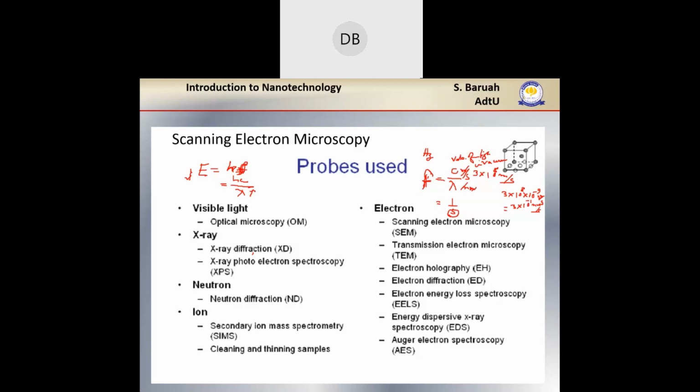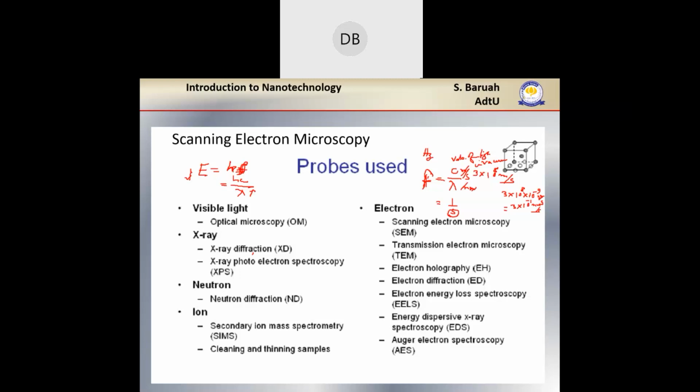So we now want to look at materials that are very small, maybe 10 nanometers or even 5 nanometers. To see that, we need a primary probe that has a wavelength comparable to about 5 nanometers. And what are those possible probes? Cannot be visible light, of course. The two options we have are X-rays, which have wavelengths between 2 to 5 nanometers, or electron beams in the same range.